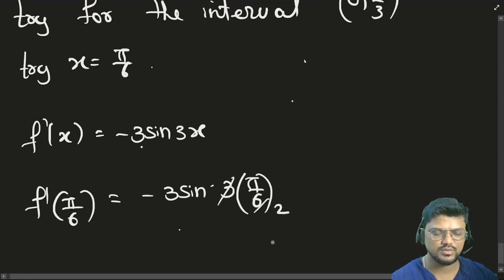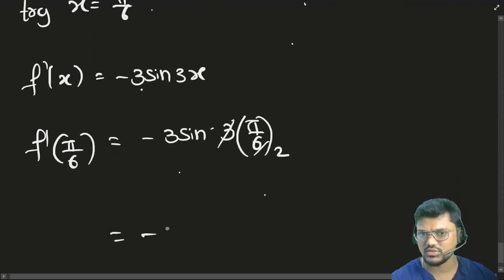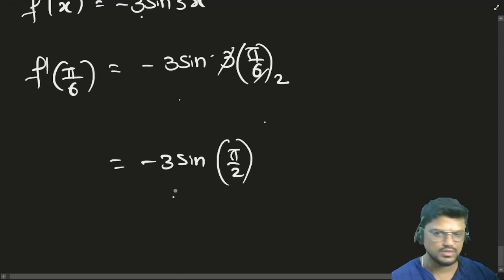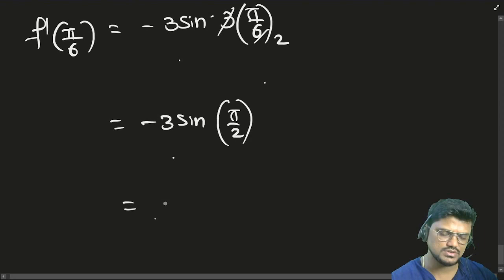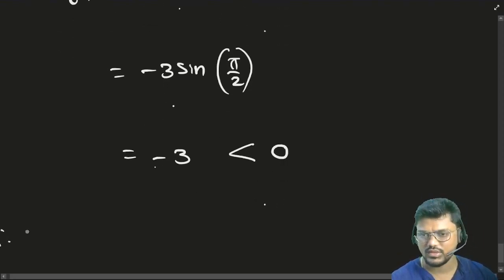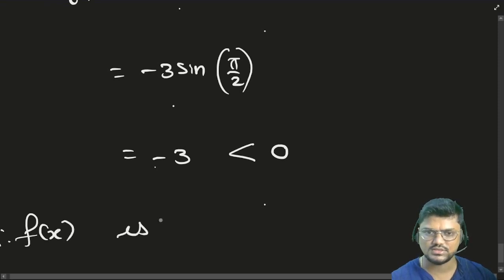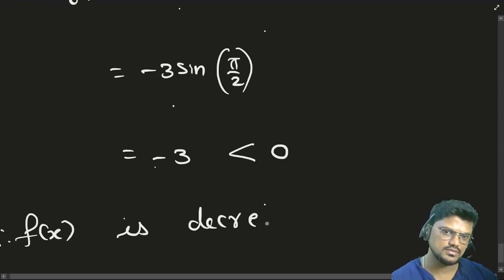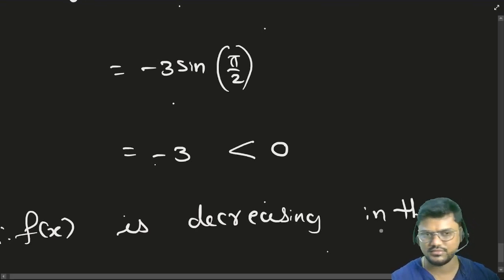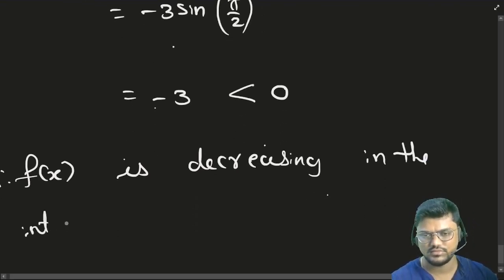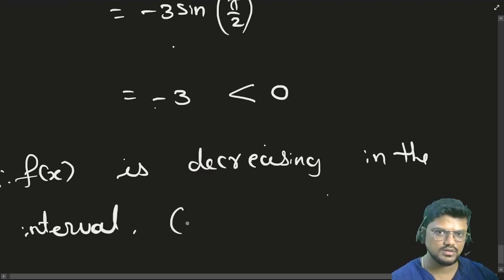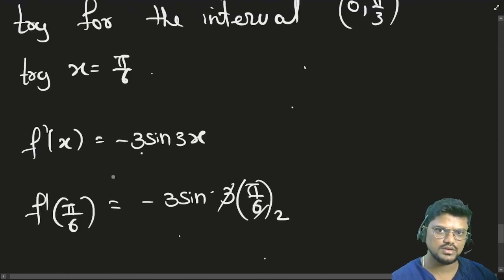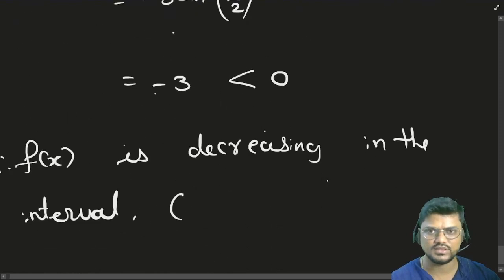This and this cancel, it will be 2. So this is equal to minus 3 sine pi by 2. The value of sine pi by 2 is 1, so it will be minus 3, which is less than 0. Therefore, f of x is decreasing in the interval 0 to pi by 3.